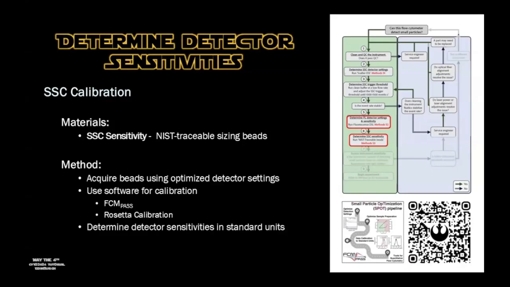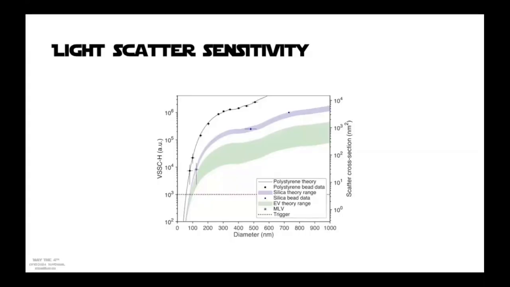For Rosetta calibration, it only works with the beads that they sell, and those are NIST traceable calibration beads as well. The reason this isn't easy to do is that it's nonlinear, and as we've spoken about earlier, these curves will all be unique due to the refractive indices and the collection optics of the flow cytometers, which all need to be derived from those calibration standards.